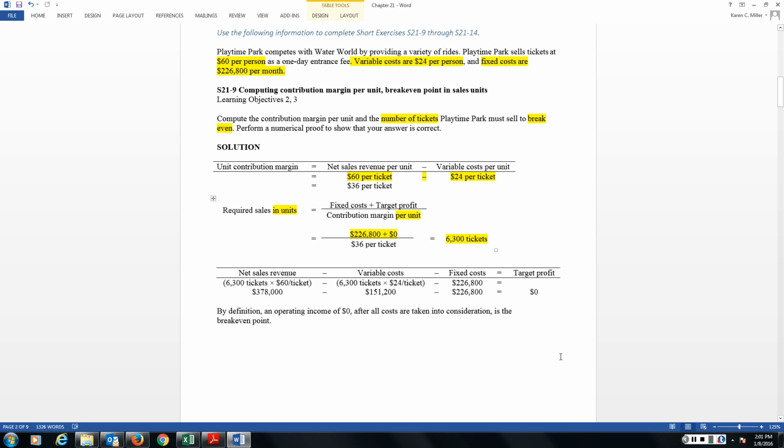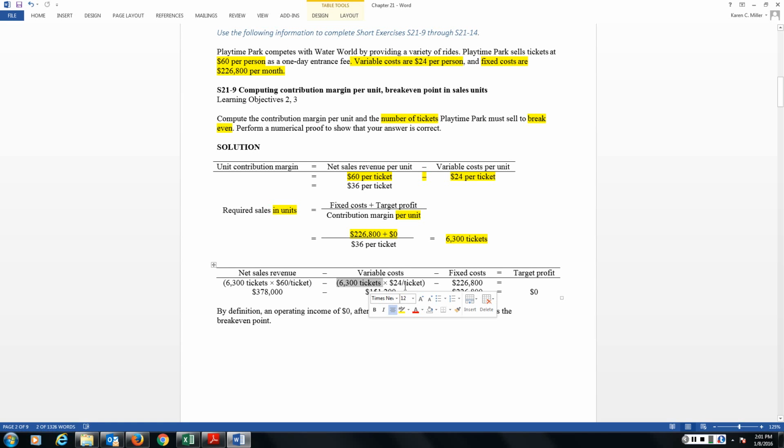Now we can check this to be sure that our math is right, and as accountants we're sometimes kind of fidgety that way. We want to make sure our numbers are correct, so we can plug them in to be sure it's going to work. If I'm going to sell 63,000 tickets, at $60 a person, this will generate $378,000 in revenue. My variable cost is based on the number of tickets that I actually sell.